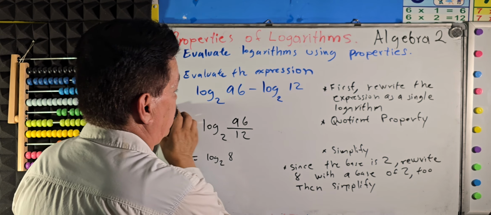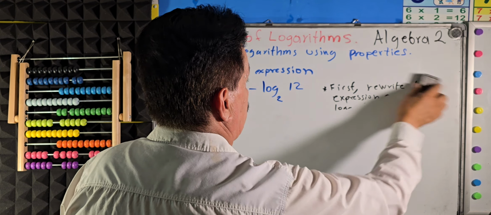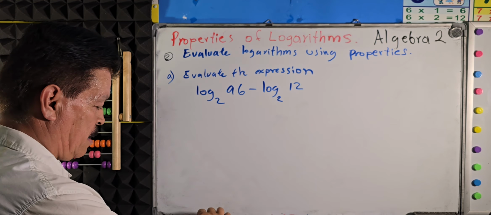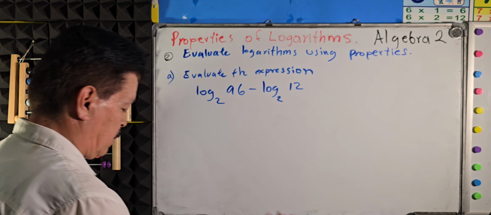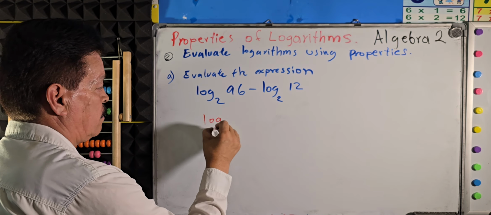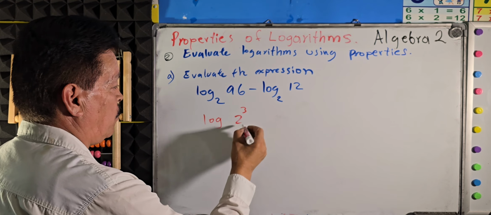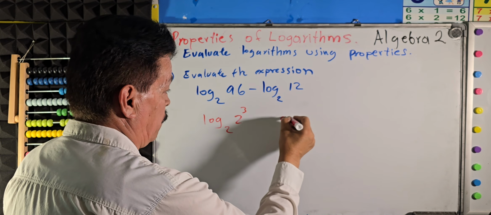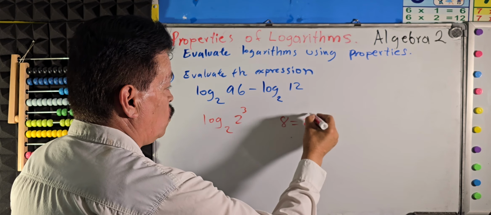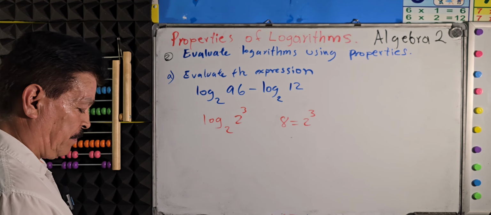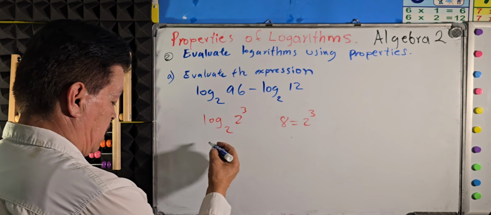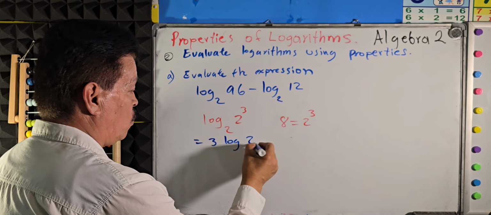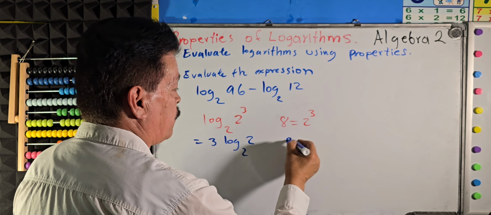I will erase everything here to continue in another window. So this equals, why? 8 is equal to 2 to the third power, right? So now we will have 3 log 2 with the base 2.